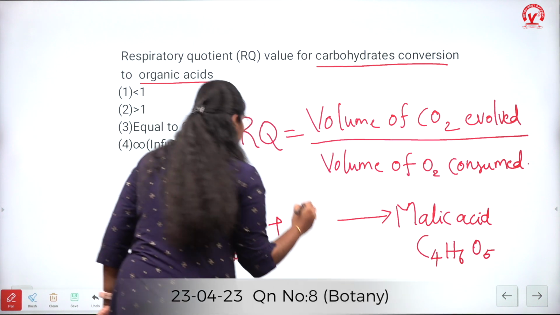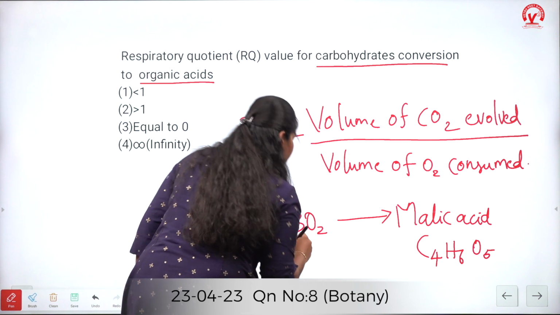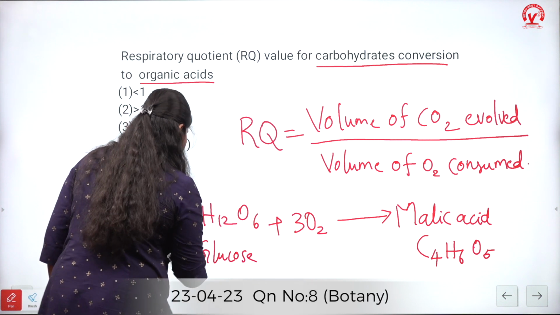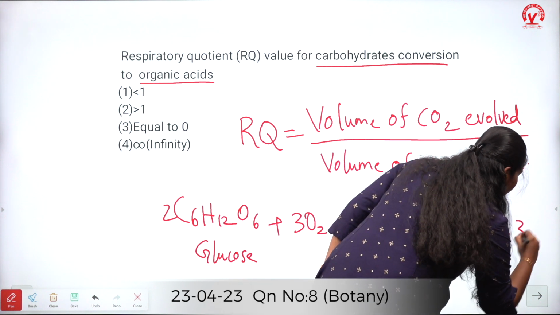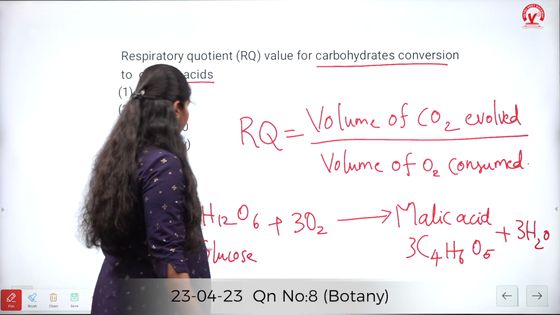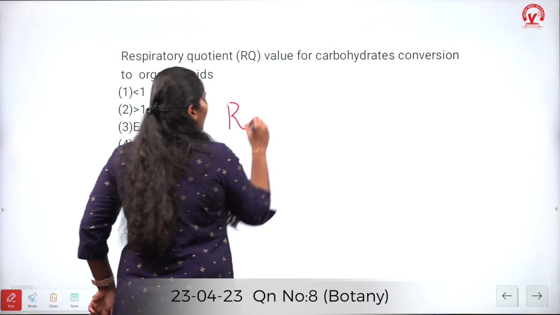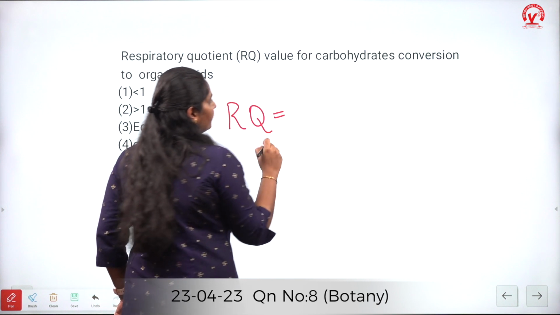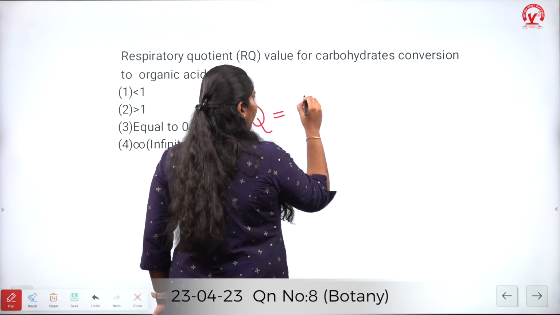C4H6O5. In this, 3 molecules of oxygen are consumed and 3 molecules of water are evolved. So we need to substitute in this formula. So RQ is equal to, in that equation the carbon dioxide does not evolve.